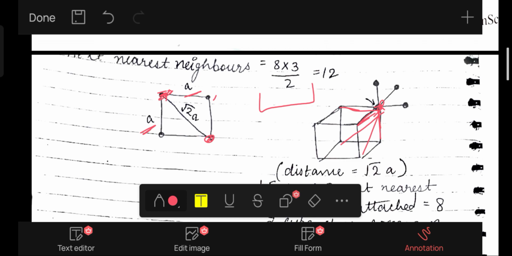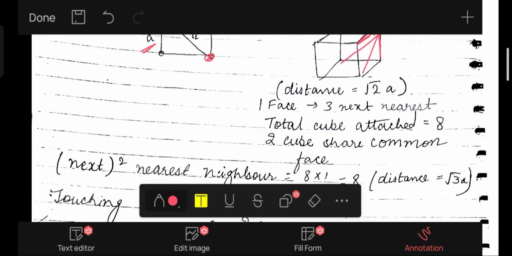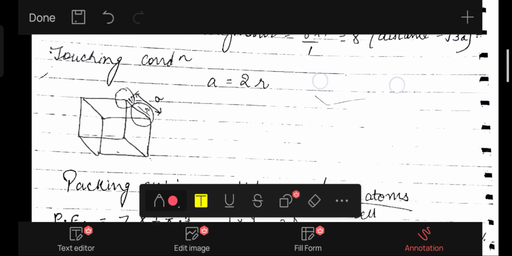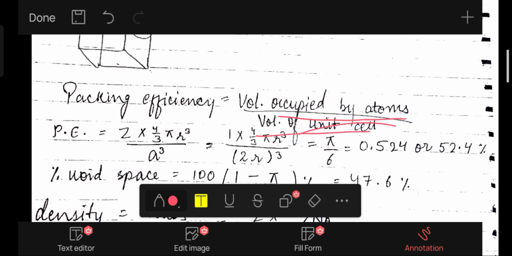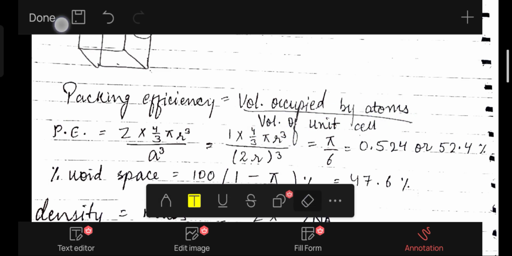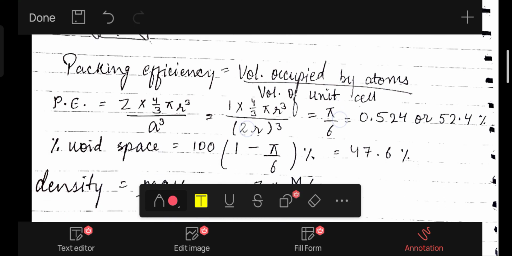Okay, so now next up we have the packing efficiency. What is packing efficiency? It is the volume occupied by atoms upon the volume of the unit cell. So the formula of packing efficiency is this.